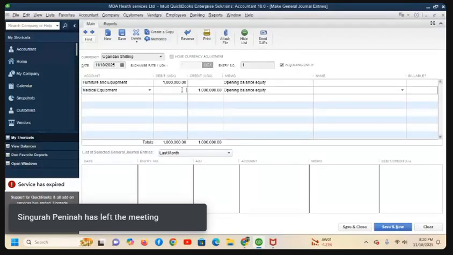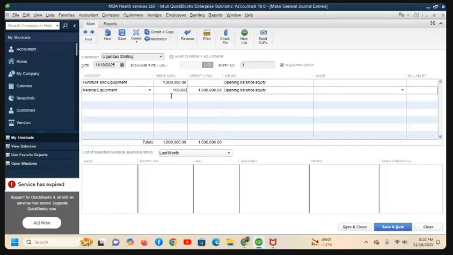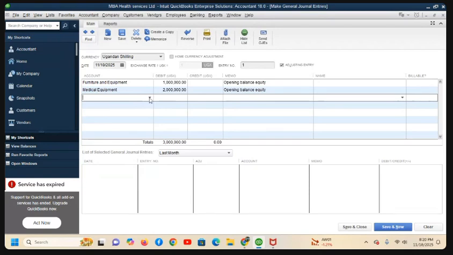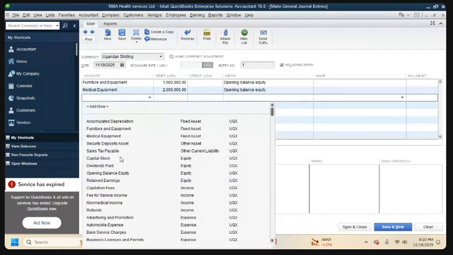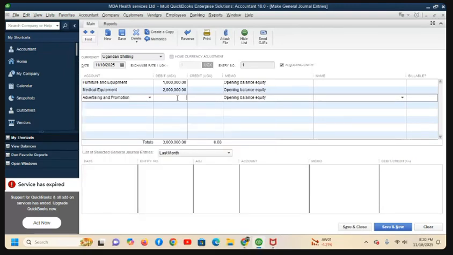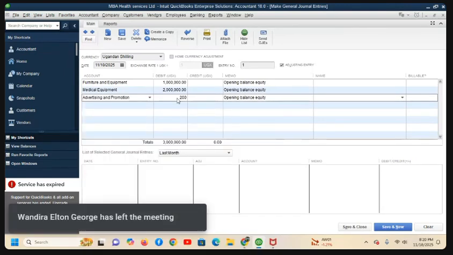Remember in accounting we said all assets have a normal debit balance. Maybe it is 2 million. I want us to generate different transactions together because it is just for studying. We have, for example, some medical and promotion. This is an expense. Expenses have a normal debit balance.